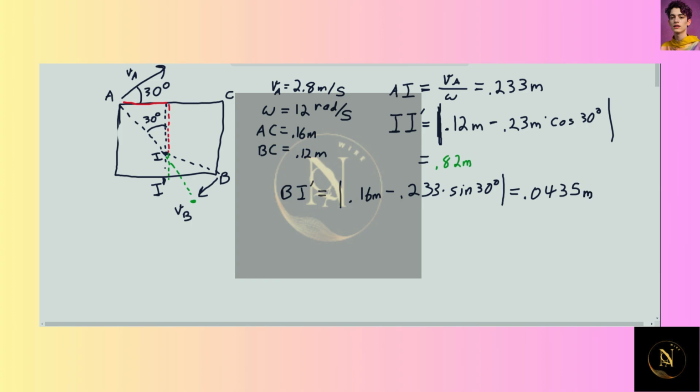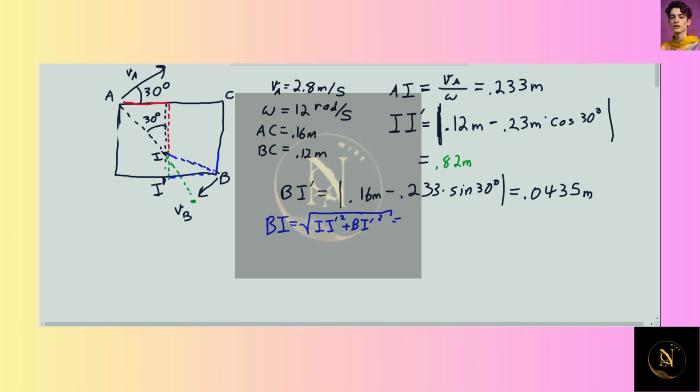Once we have those two distances, we can find the distance to BI itself, because now we have the horizontal distance and the vertical distance to it. So the distance BI will just be the square root of these two added together: I prime squared plus BI prime squared.